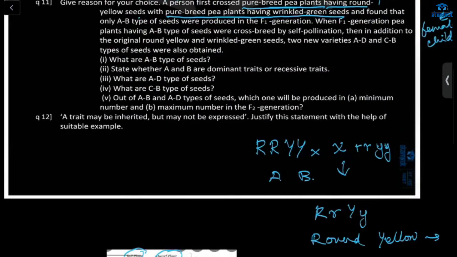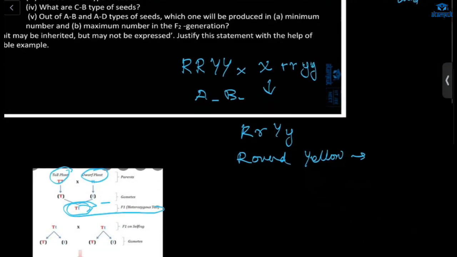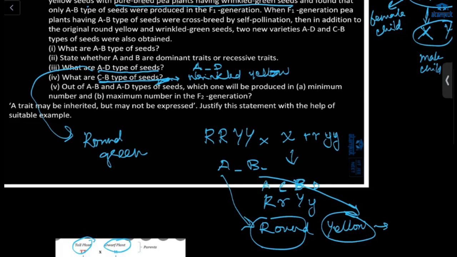Next, state whether A and B are dominant traits or recessive traits. A and B will be dominant. A in this case will be round. B will be yellow. What are AD types of seeds? So AD will be round green and CB wrinkled yellow. Like this you can infer.